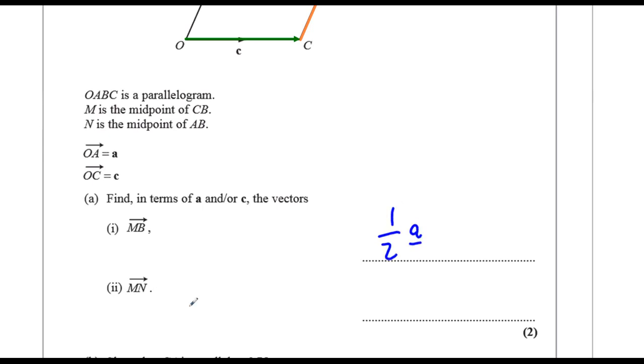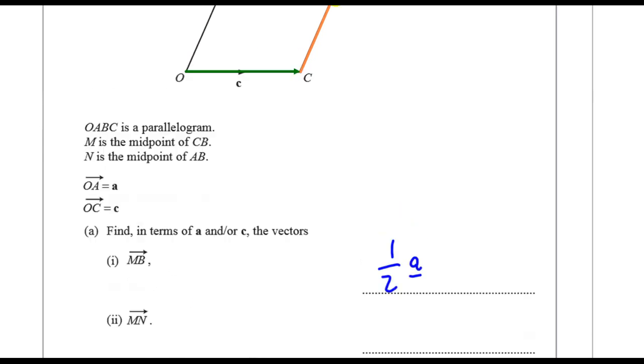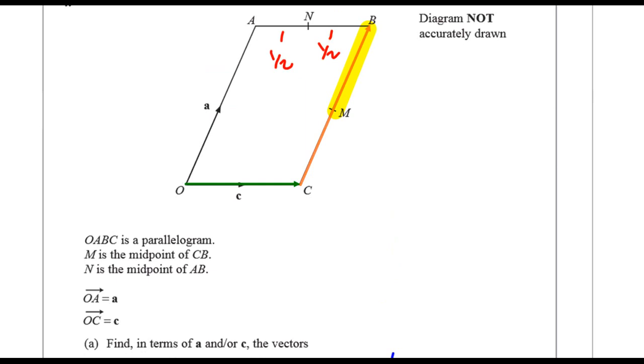Half A. M to N, this again, a little bit more tricky, but I'm sure we will manage it. We want to go from M to N. We can go any route we want. Okay, that's the direct route, which we can't take, but we already know that this bit is a half A, and we know that this is C. But notice which way the arrow is pointing. If we want to go along it, then we have to go minus it.